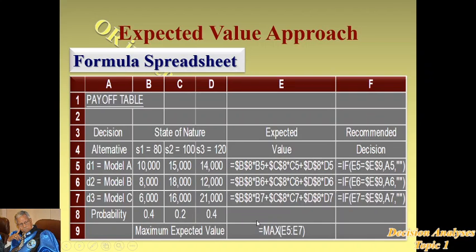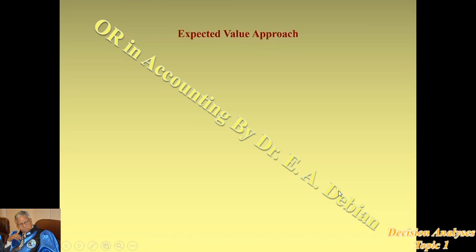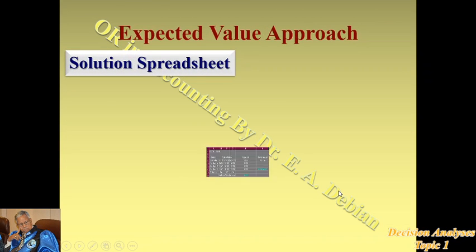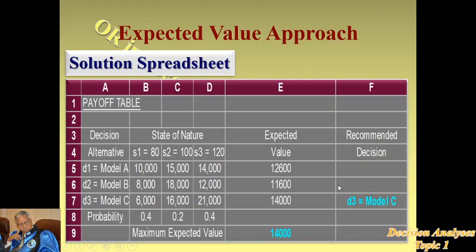We will select the maximum of each of them, and the recommended decision will be corresponding to this maximum. The output of the spreadsheet.